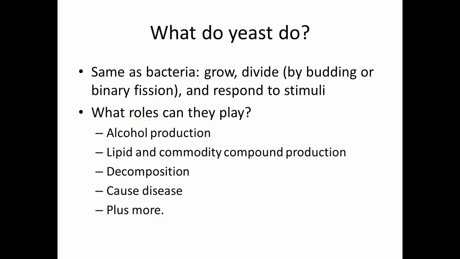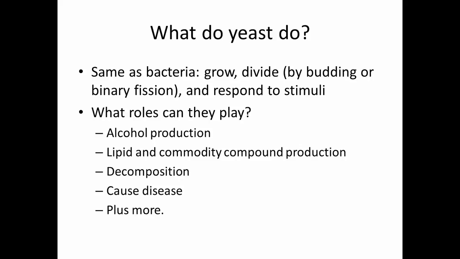So what do yeast do? Well, yeast can do the same sorts of things as bacteria. They can grow, they divide, and they respond to stimuli. What roles do they play? Well, they can do things like alcohol production, ethanol. We know Saccharomyces cerevisiae is good at that. They can even produce things like lipids. They can also produce other what we call commodity compounds.